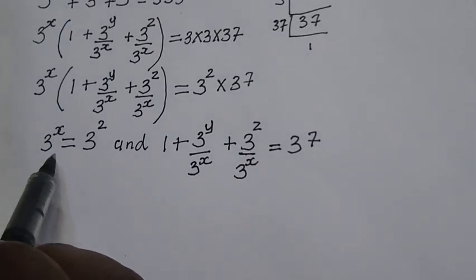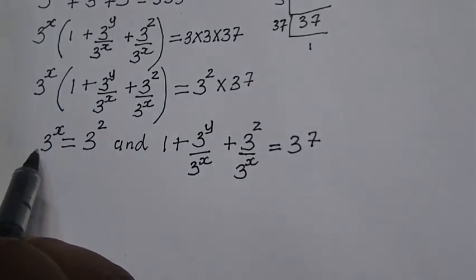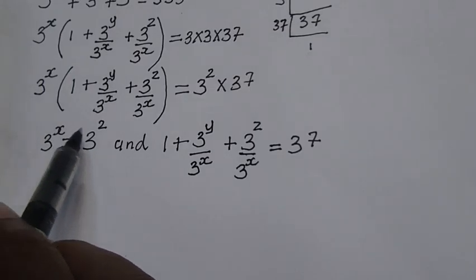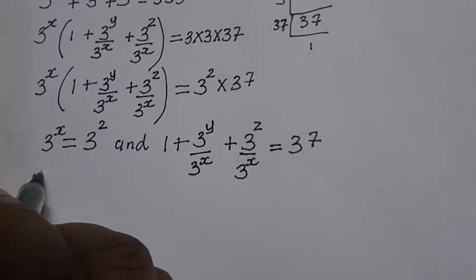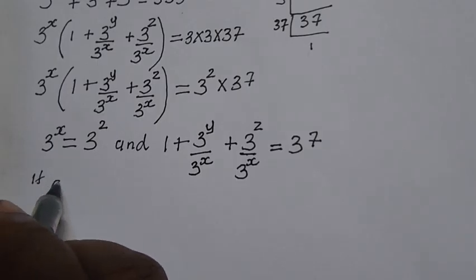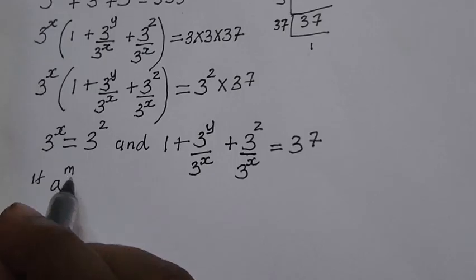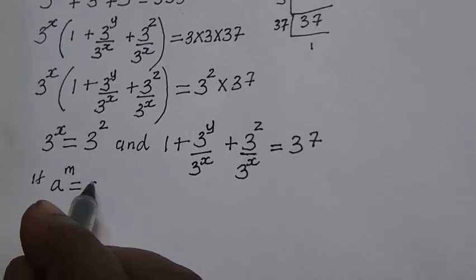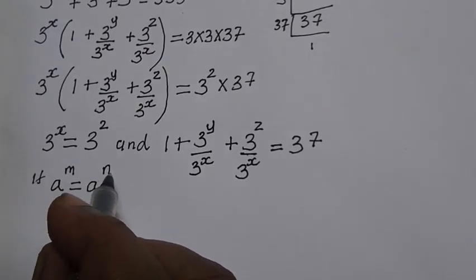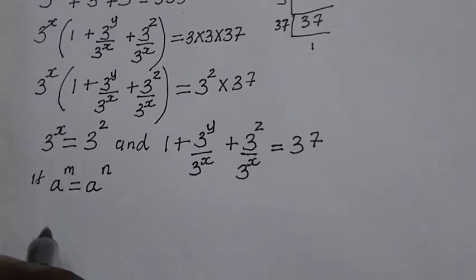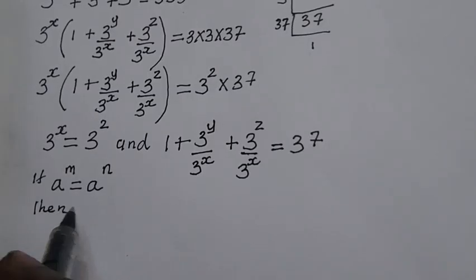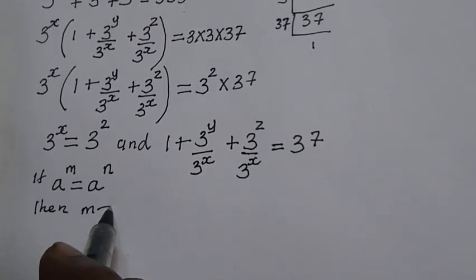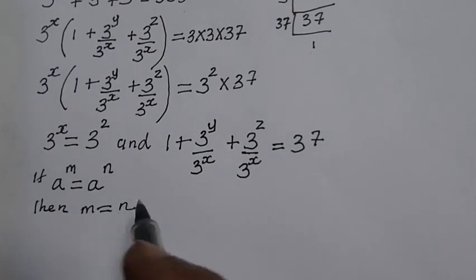As we know here, they have the same base. It means the exponent is equal. We know if a raised to power m equals to a raised to power n, then m equals to n.